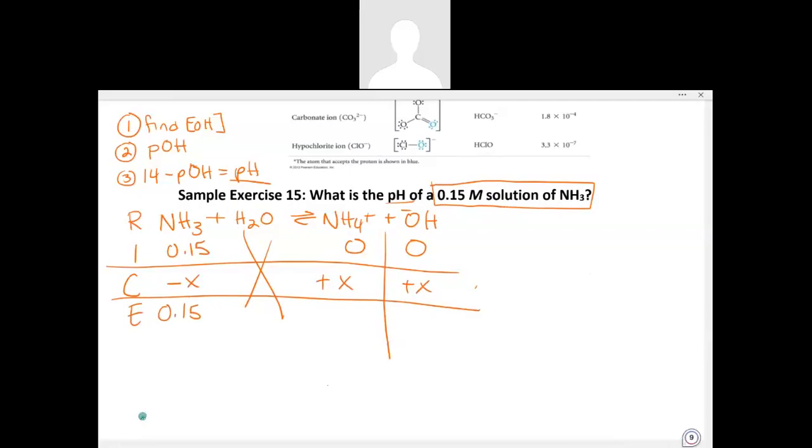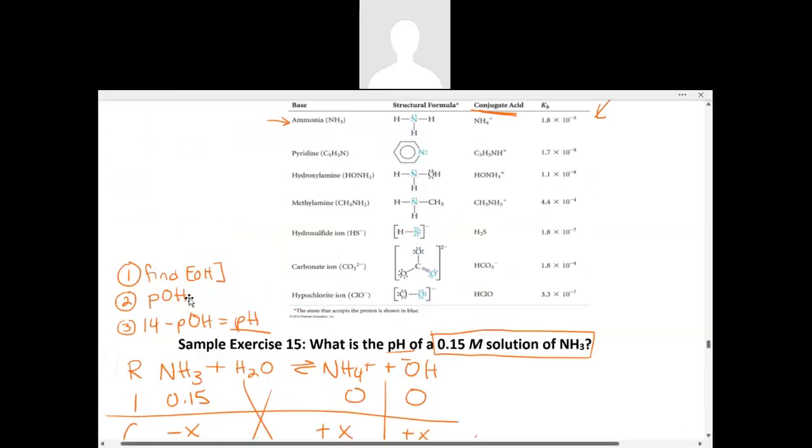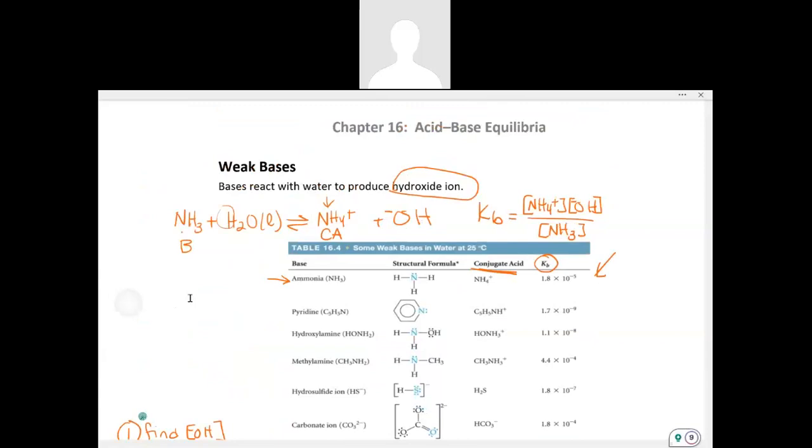So we're going to add these terms together just like we did with the weak acids. So we have 0 plus x. Now let's set this equal to the Kb value. We know that our Kb expression looks just like above, with ammonium times hydroxide on top and then ammonia on the bottom.